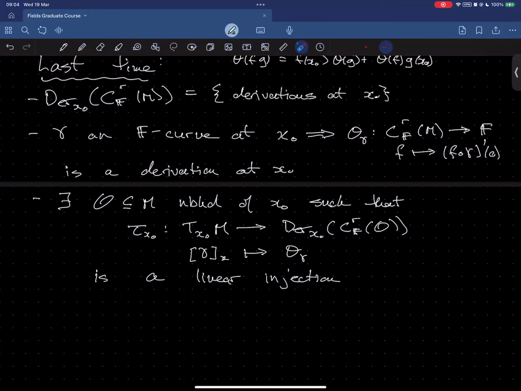So what I want to do at the beginning of the lecture today is say some things about this correspondence between tangent vectors and derivations. And I'm going to broaden the things I talk about, and I'm going to talk about a few things in yellow because these are important, but not central to the course.